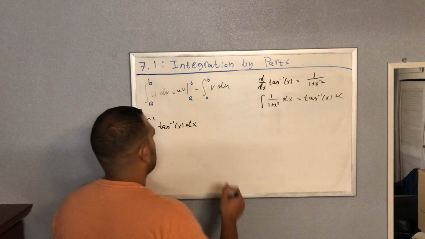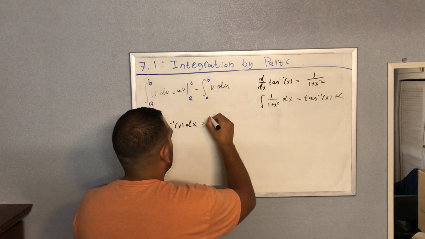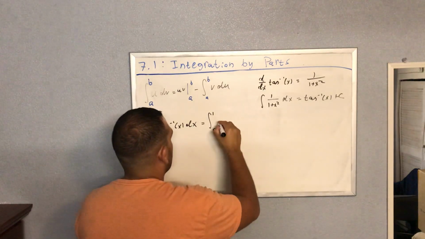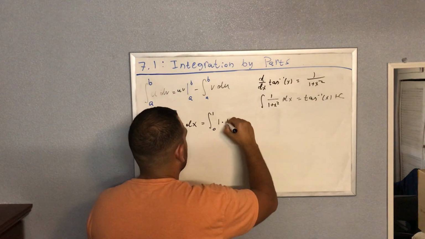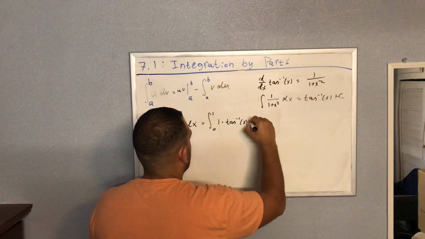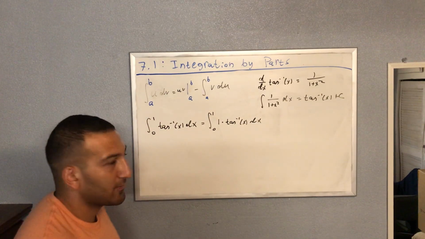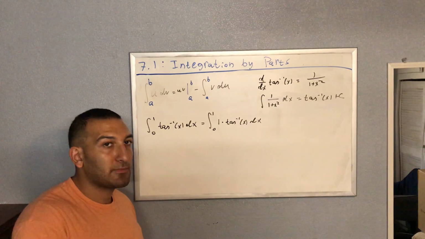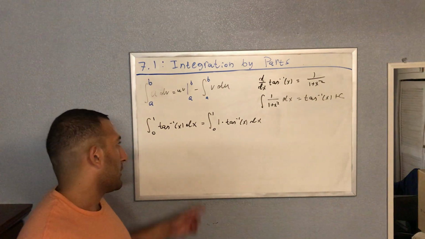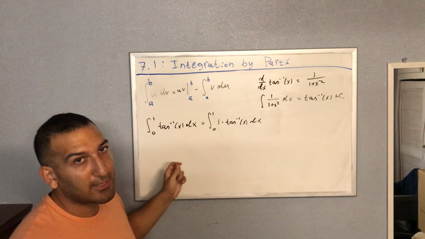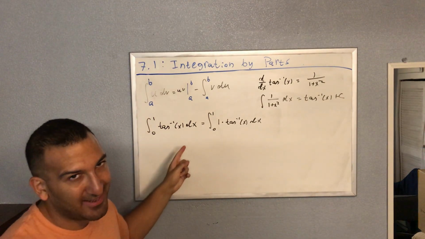And so we just need to figure out what u and dv are, which again, because there only looks like there's one function here, you can really think of this as 1 times tangent inverse x dx. And now it's very clear which of these we want to integrate and which of these we want to differentiate. We don't want to integrate tangent inverse because we don't know its integral. That's the thing we're trying to find, right?